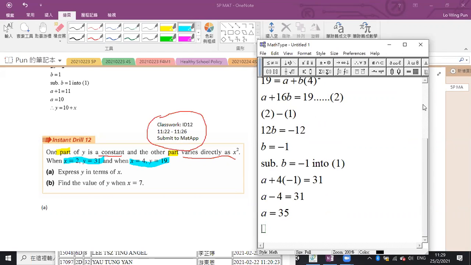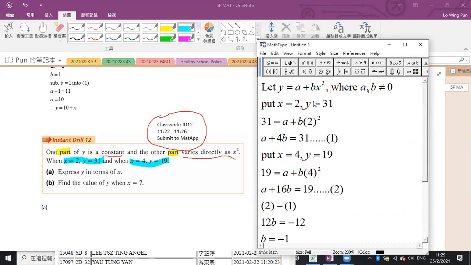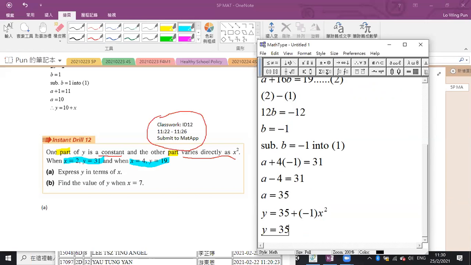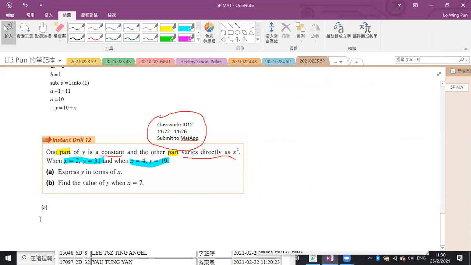Our original equation is y equals a plus bx squared, so when we have found a and b, y is equal to 35 minus x squared. That is the answer of part A.